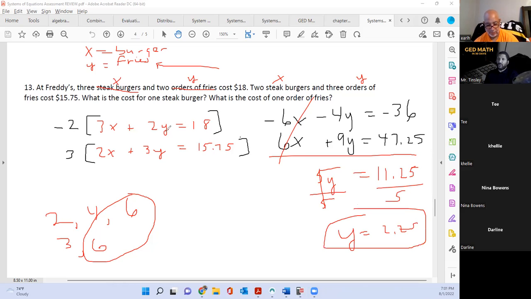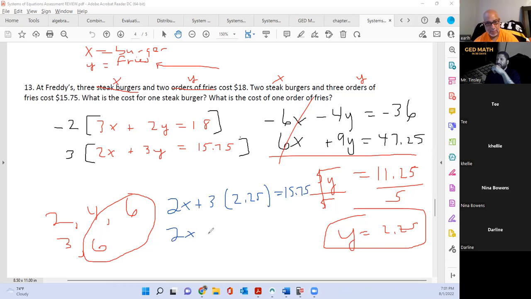Let's plug it into the first equation. Now let's plug into the second equation. 2x, let me change my color. 2x plus 3 times 225 equal 1575.